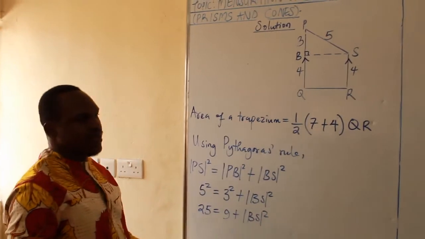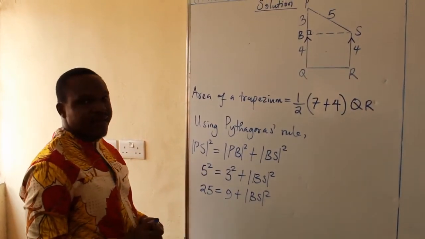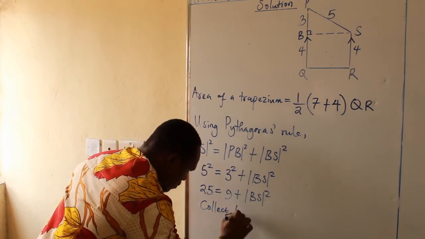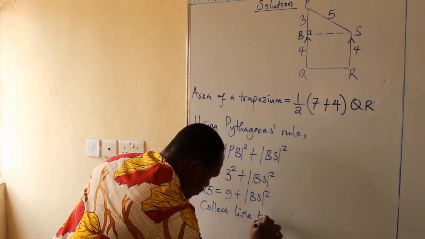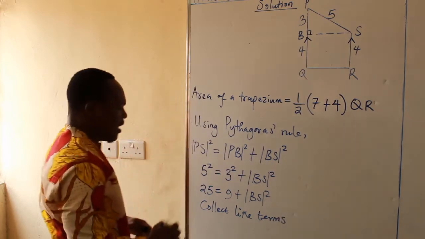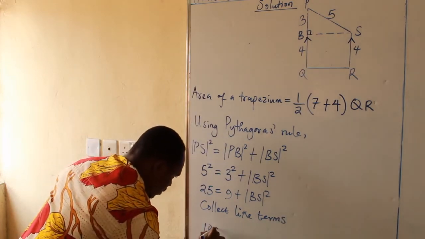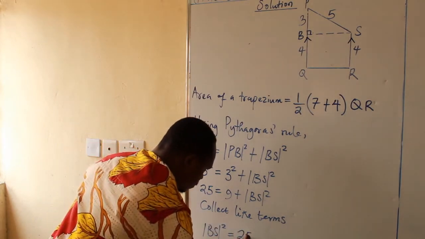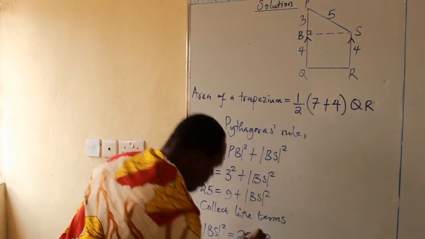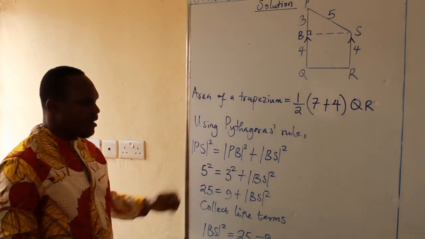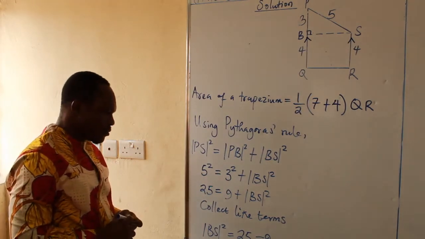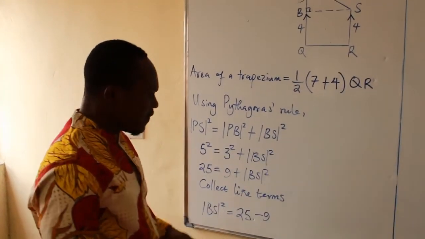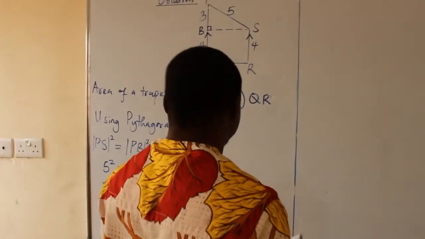If we rearrange this and collect like terms, BS squared will be 25 minus 9, when you take 9 to the left hand side of the equation, or subtract 9 from both sides. 25 minus 9 gives us 16.